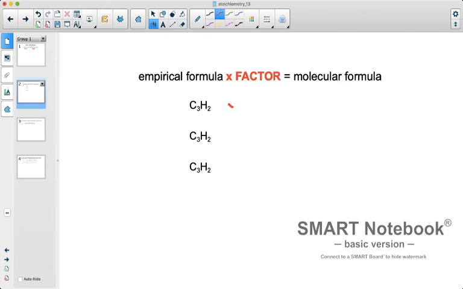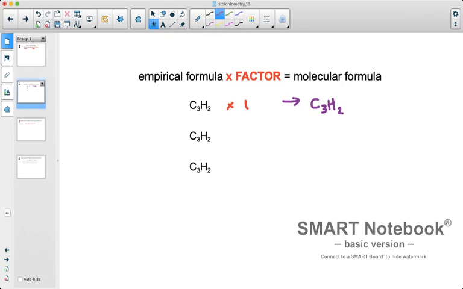So I can easily multiply it by a factor of 1. When I multiply by a factor of 1, my molecular formula now becomes C3H2. And it is possible to have an empirical formula that is exactly the same as the molecular formula because they are related to one another by a factor of 1. But we can have other factors as well.